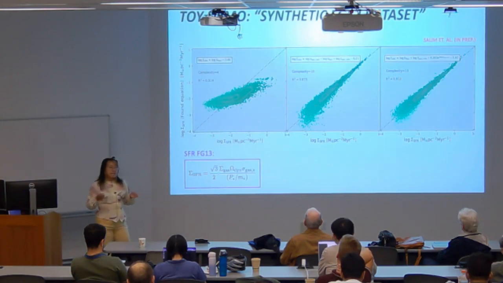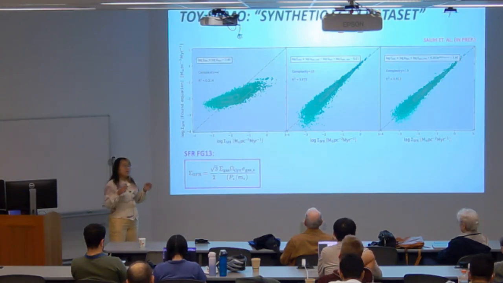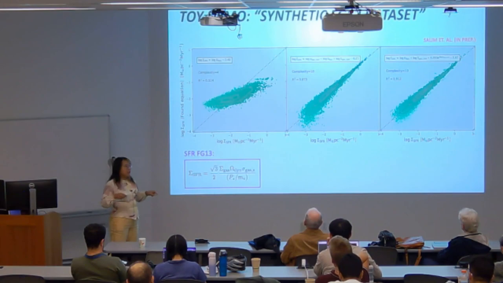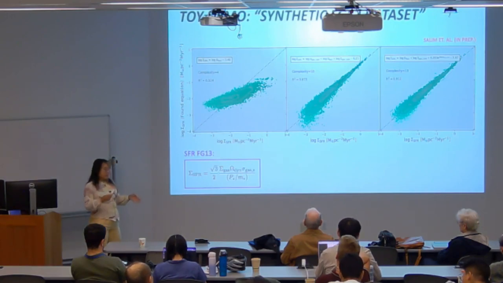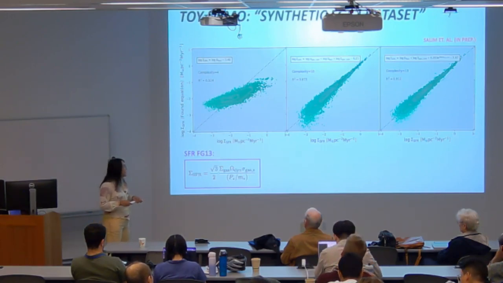And so to test this pipeline, we created a synthetic Photosugar 13-like data set. We inputted these variables in this model with some injected noise. And here are some results for some of the found equations that we had.